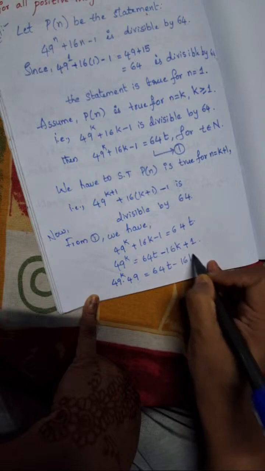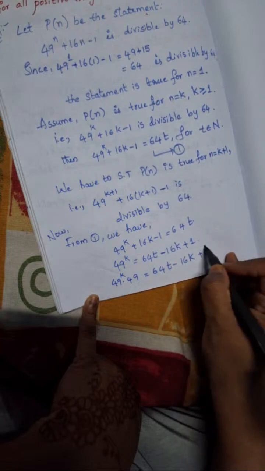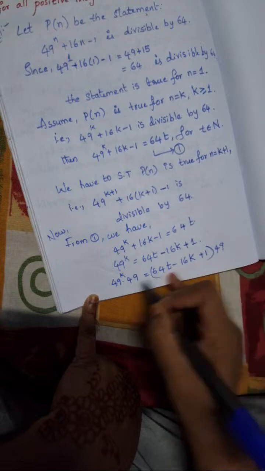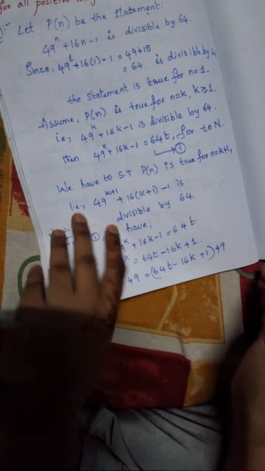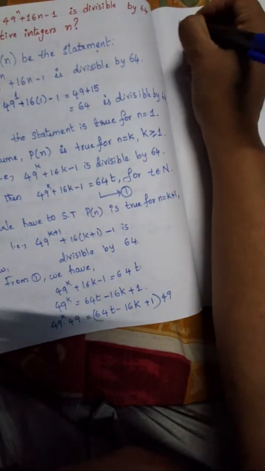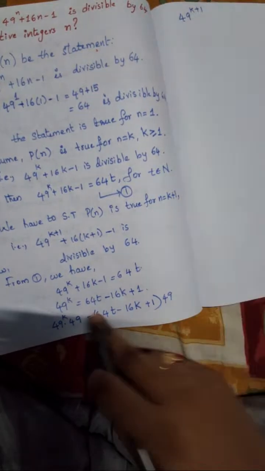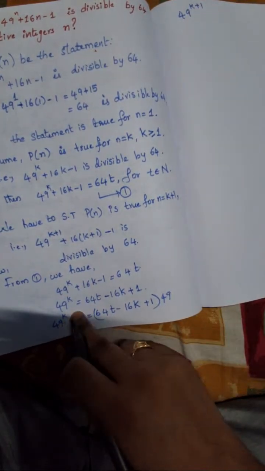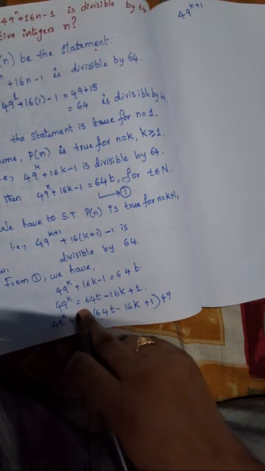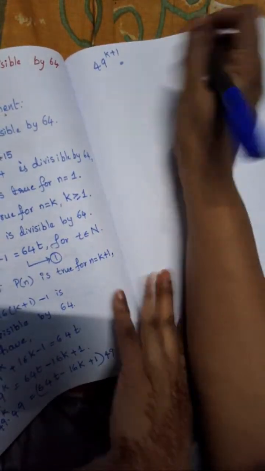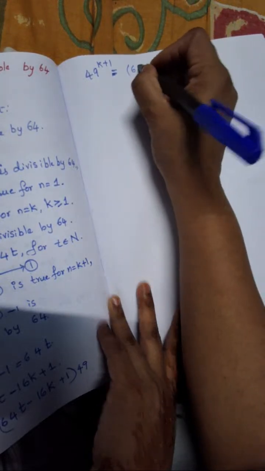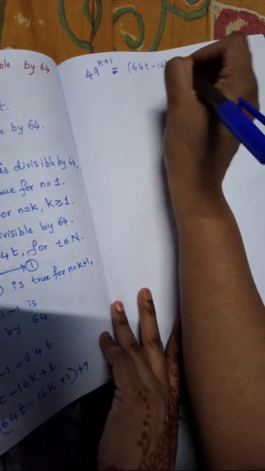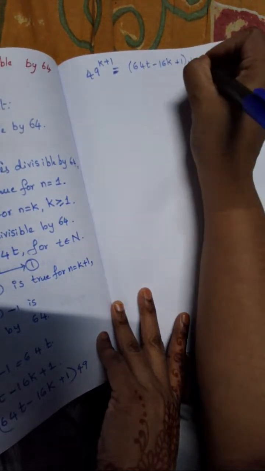Multiplying 49 on both sides, what will you get? 49 power k into 49. Bases are same, so powers should be added, which means k plus 1, since here the power is 1. And here you have to write as it is: 64t minus 16k plus 1, into 49.